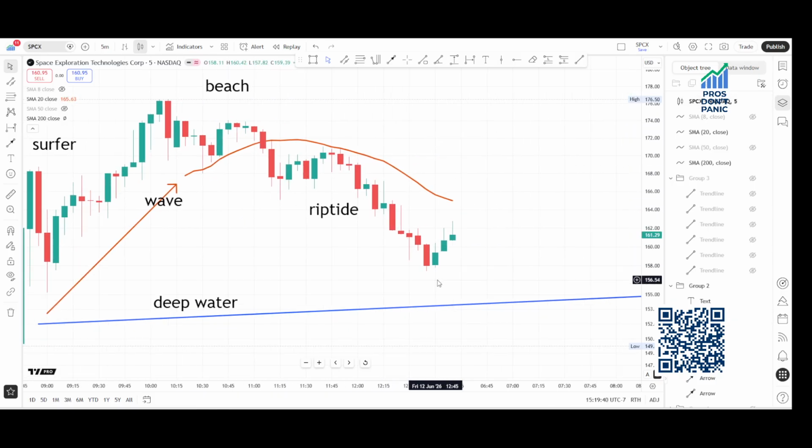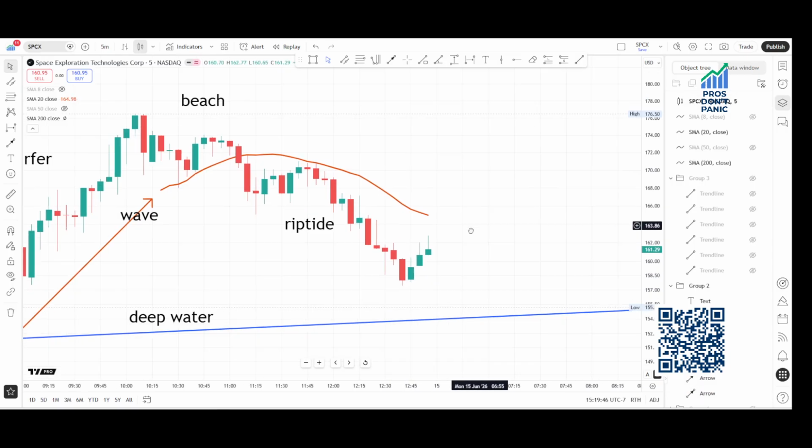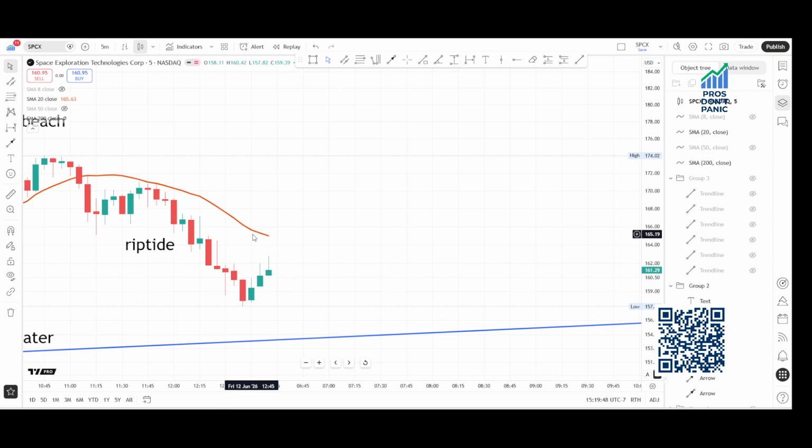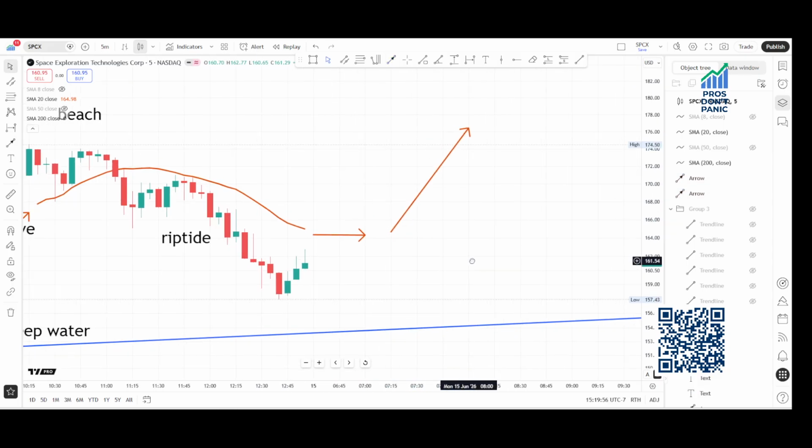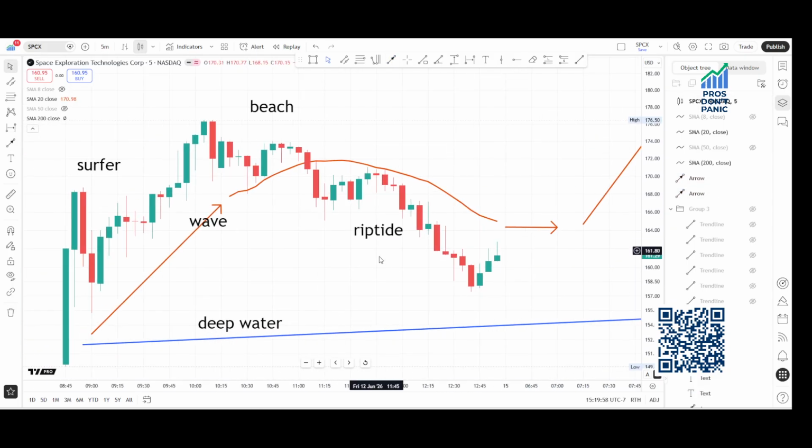That riptide may end anywhere on or near the 200, and then it's going to either bounce and we do another one where this 20 turns around and gets another angle like this. It's possible this will give us our entry zone, and we'll turn and do this again, and we do this entire thing again. We surf the wave up to the beach, we get out, we riptide back.